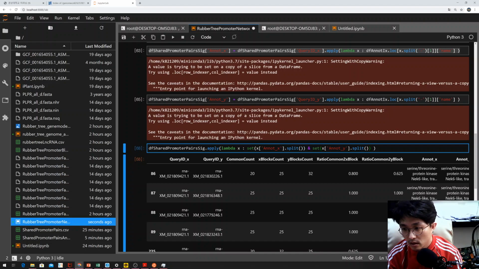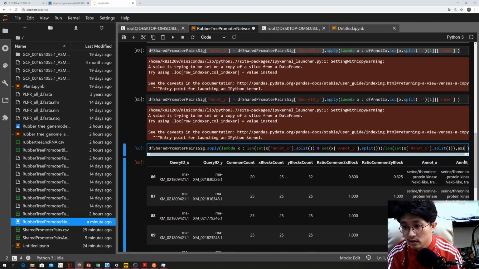Then it will show you, and maybe you can divide by the length of this one, and put x is 1.